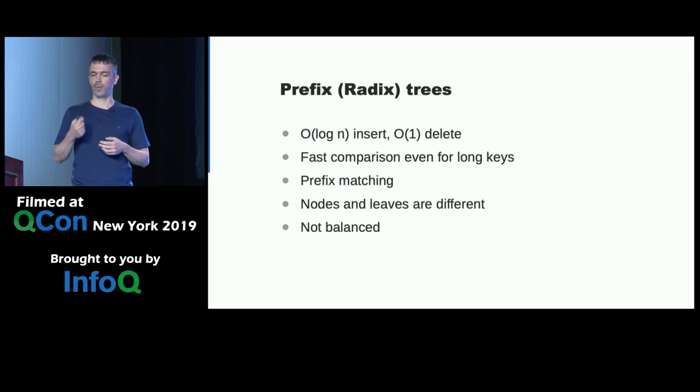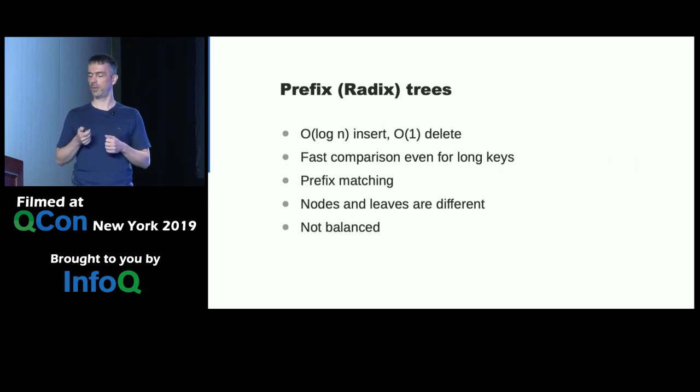So while the inserts require doing operations on the tree, the deletes are very simple. And since in every step of the traversal down the tree, we only compare the part of the key that's corresponding to the node and the position of the node we're looking at in the tree, we can compare very long keys much faster than other tree variants, because in other tree variants, every node contains the entire key, while here, we only take a look at the part of the key for that particular node.